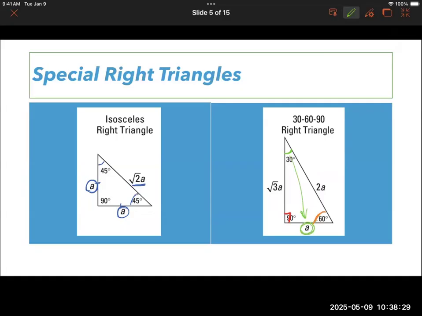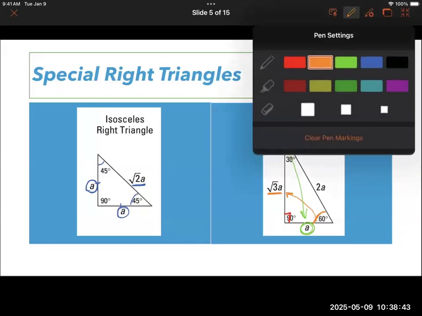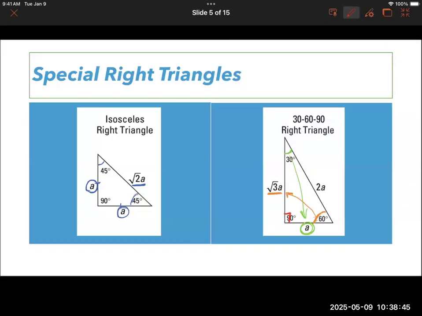So that's going to be our A value. And then the side or leg that is across from 60 is always going to be that A times the square root of 3. And the hypotenuse is always going to be 2 times A, twice as long.